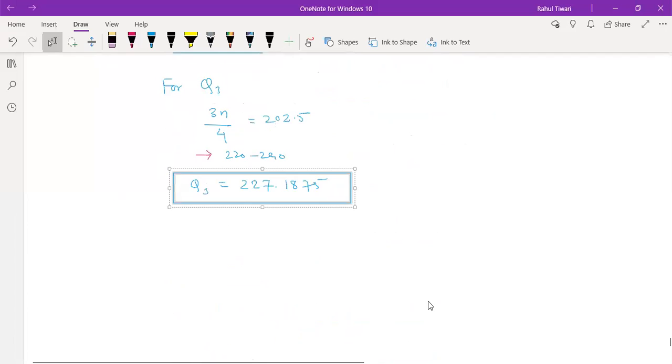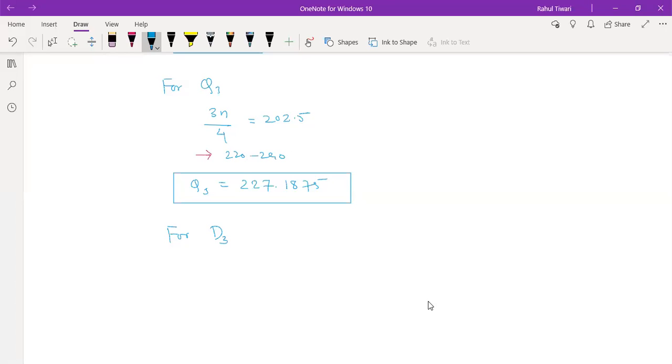So you have to go for D3. So how do you calculate D3?